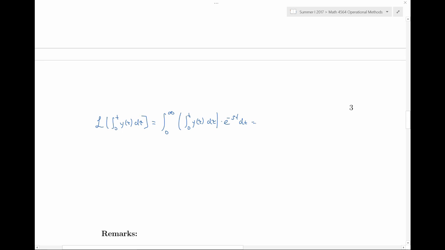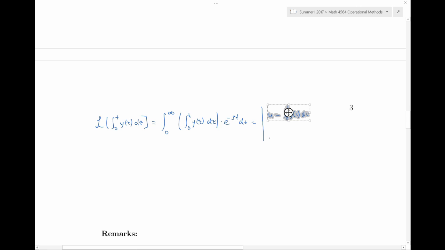And we're going to compute this integral again using integration by parts, but this time we're going to assume that u is the integral. Let me move it a little bit down so that that 3 is not in the way.